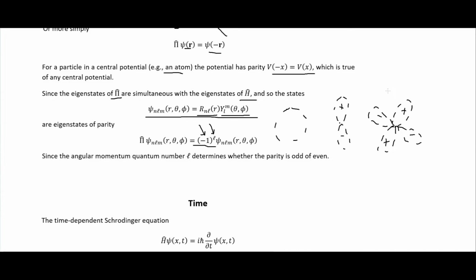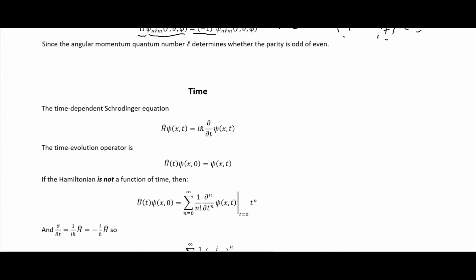And so you see, if we do an inversion through the center here, these two positives will just exchange with each other, and these two negatives will exchange with each other. And so that just makes intuitive sense that this is what we're doing when we apply the parity operator to our wave function here.